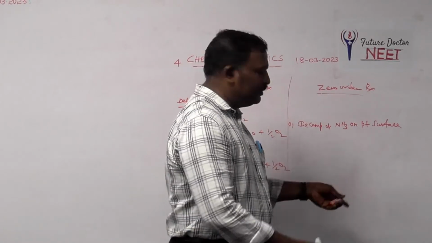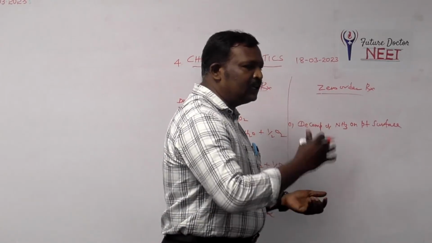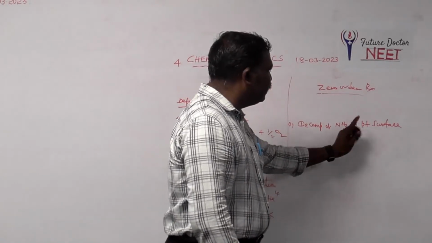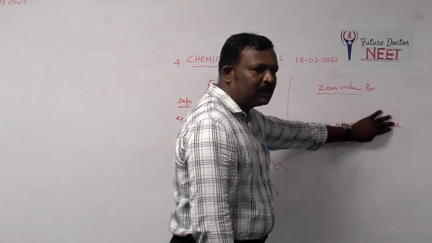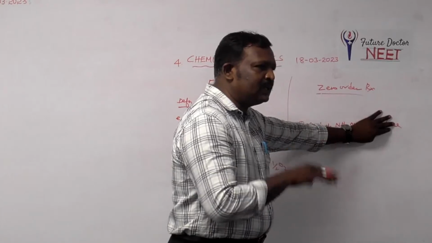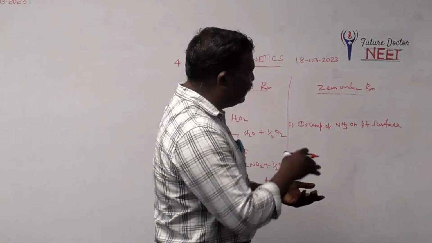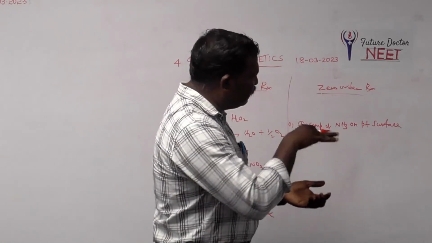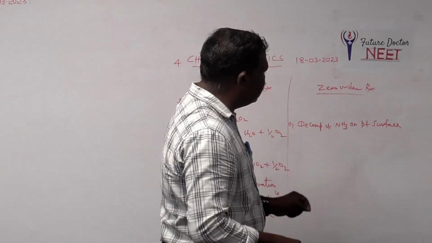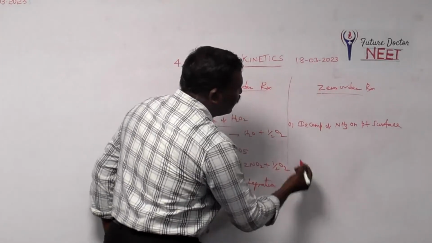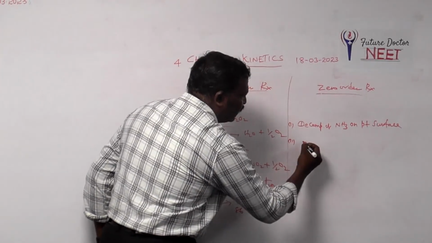If you have the catalyst, the decomposition takes place. Otherwise, if you do not put any platinum catalyst, ammonia is present as it is. So it needs some platform; on the surface of platinum only the reaction takes place. Understood? Likewise, just write one by one.